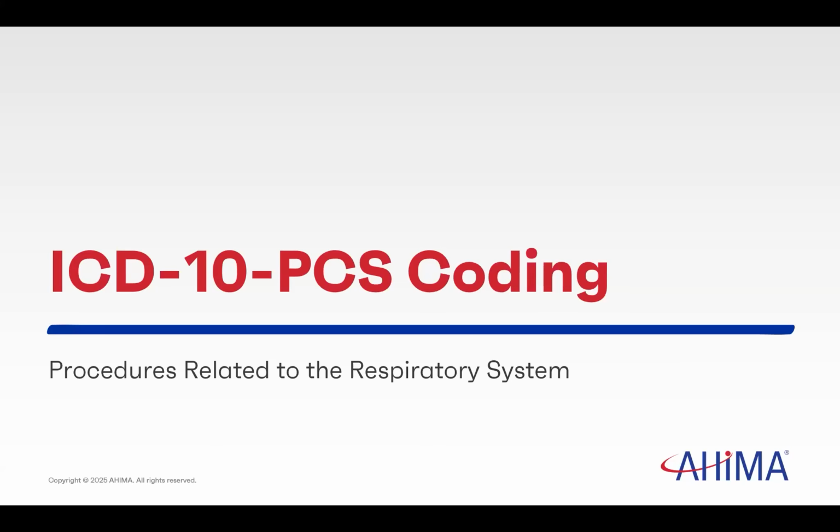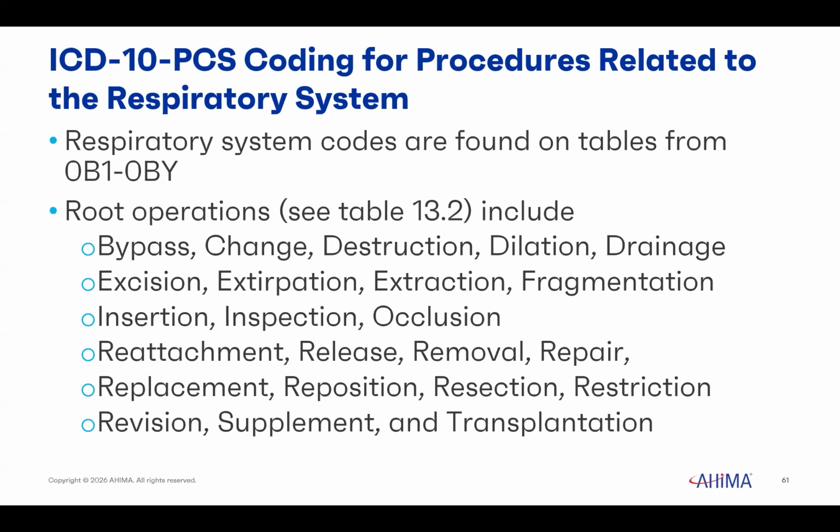Okay, to get started on this section, you may want to review those PCS overview and tables that you see in Chapter 13. I think you'll find those very useful. So all respiratory procedures fall into PCS tables starting with O and B. So you'll see a wide range of root operations, and you can see them listed here.